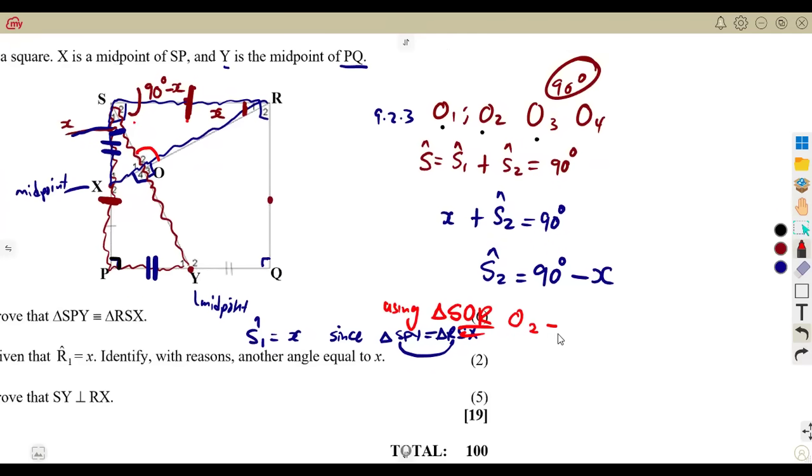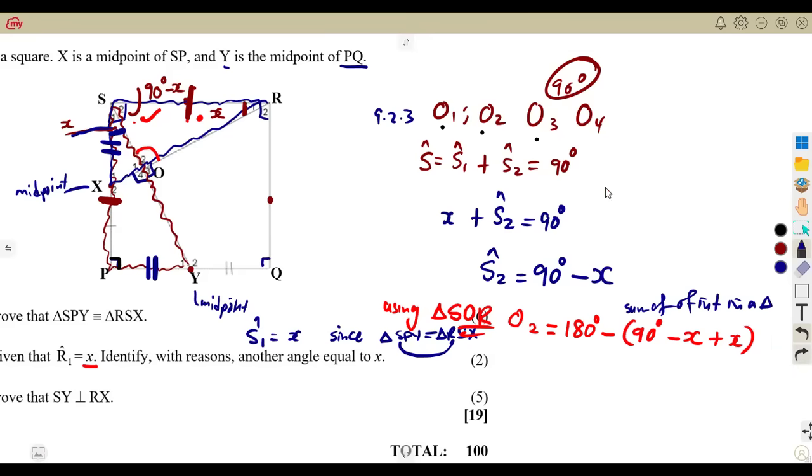From 180 degrees. So it is going to be 180 degrees minus these angles that we are given. Which angles are we given? The 90 minus X that we calculated, representing S2, and the X, which is representing R1. Remember, R1 is equal to X. We are talking about the sum of interior angles in a triangle. They add up to 180.